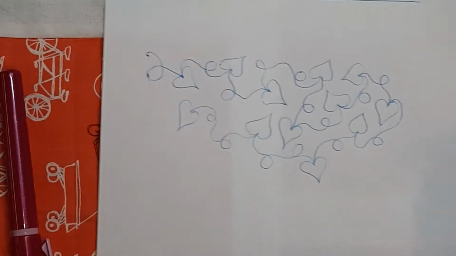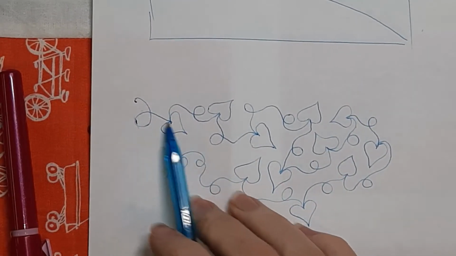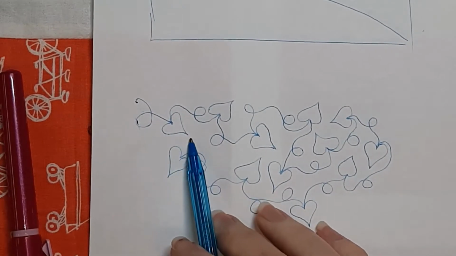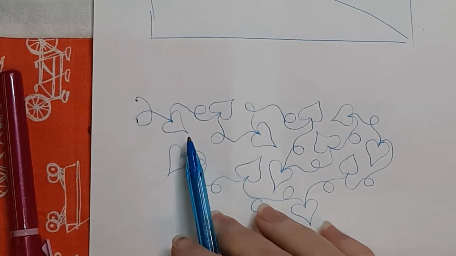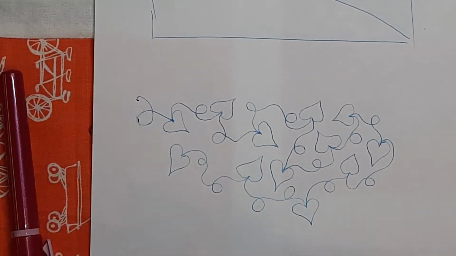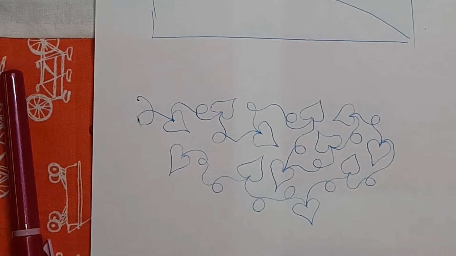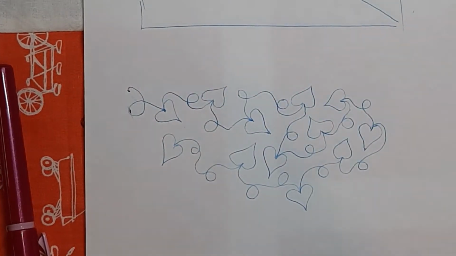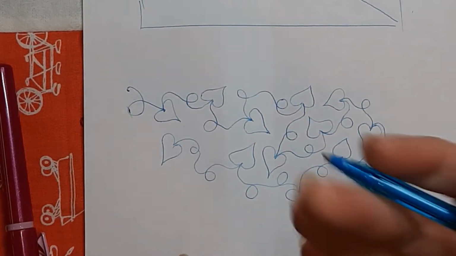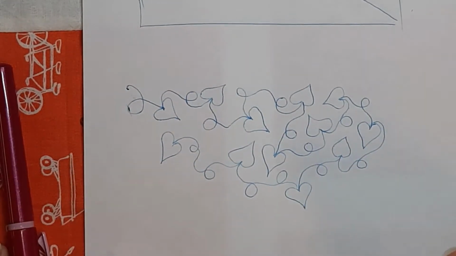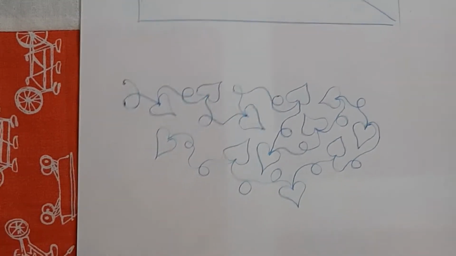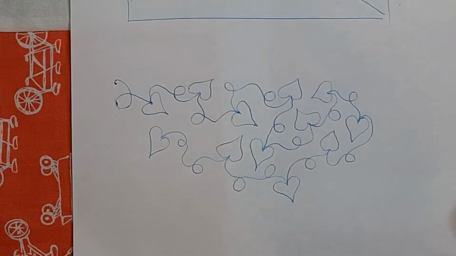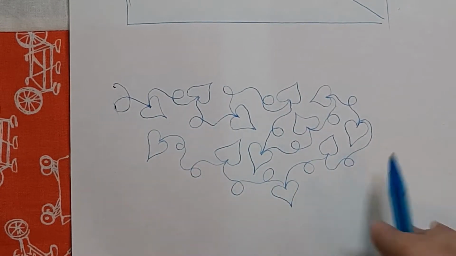We've done all of these shapes. We've done loops, we've done curves, and we've done points. So you have done all of these. We're just combining them in a different way. So I guess that's the breakdown. If you've been following along with the tutorials, you've done all of these shapes. We are just combining them differently.